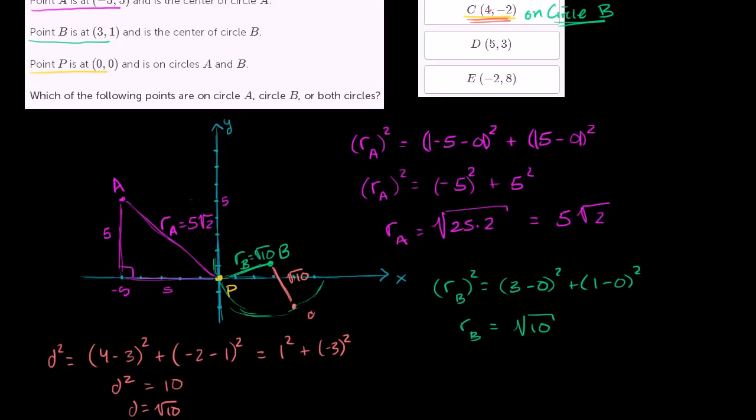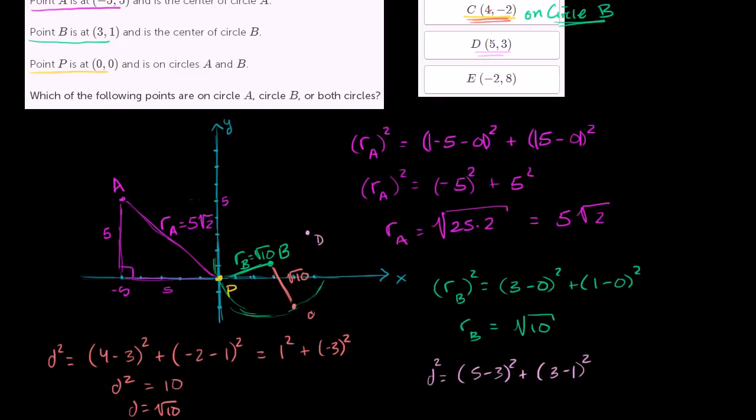So I'll do that in pink. So 1, 2, 3, 4, 5, 3. So this looks close, but let's verify just in case. Our distance squared is going to be our change in x squared. So 5 minus 3 squared, plus 3 minus 1 squared, change in y.